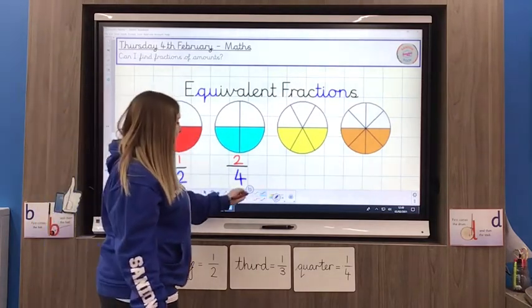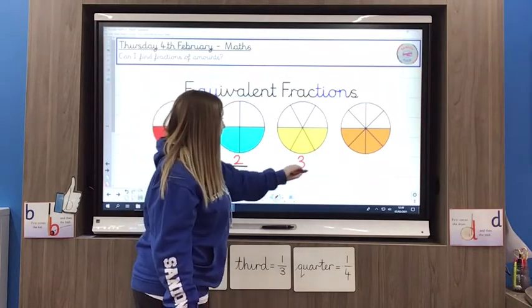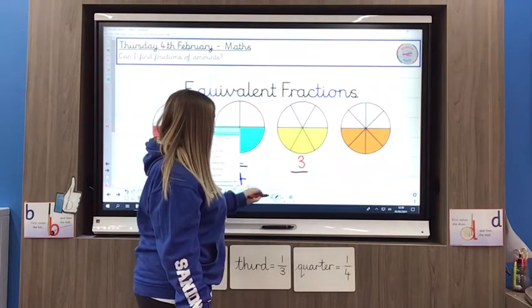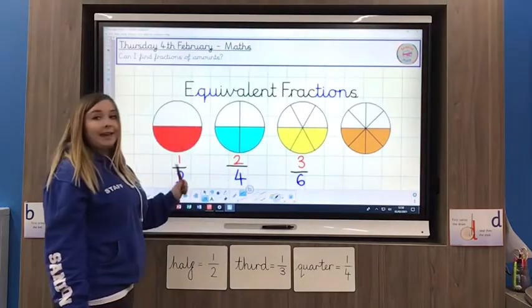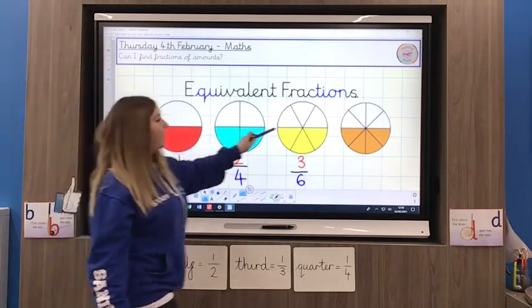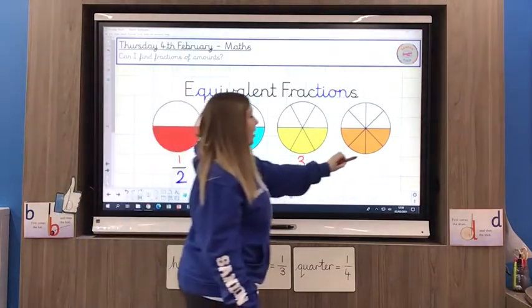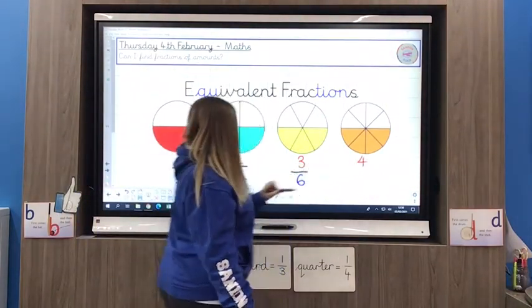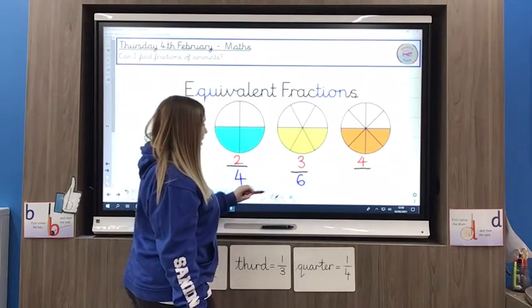Let's figure out the next one. So we've got 3 coloured in, and there are 6 all together. But again, it's equivalent because if we look, we've still got this bottom half that's shaded. And the final one then, year 4, so we've got 4 coloured in, and all together there are 8.